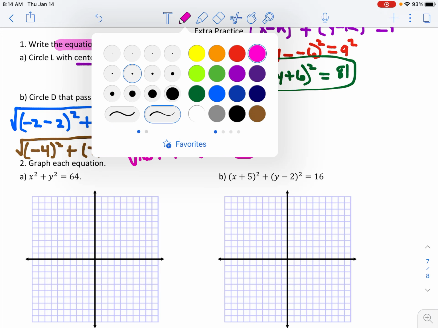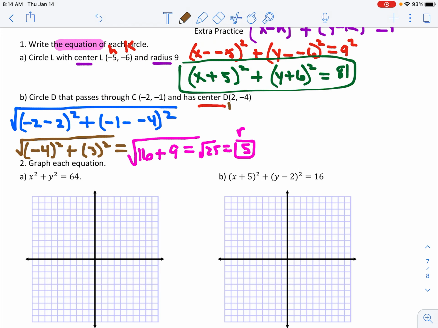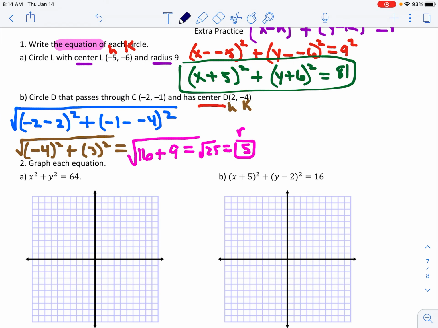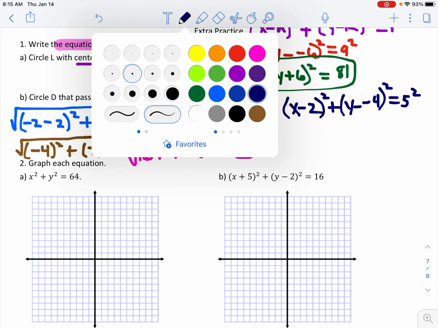All right, now go back to your center. We have h and k, and now let's plug these into our formula. All right, so x minus h was 2, squared, plus y minus a negative 4 for k, squared, is equal to 5 squared, our radius squared.